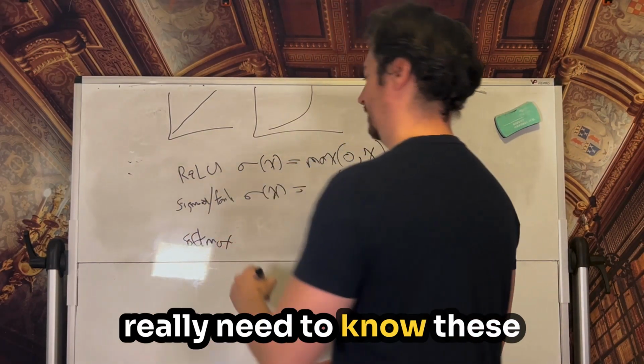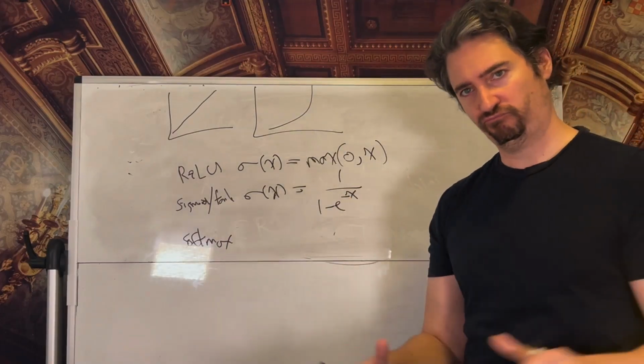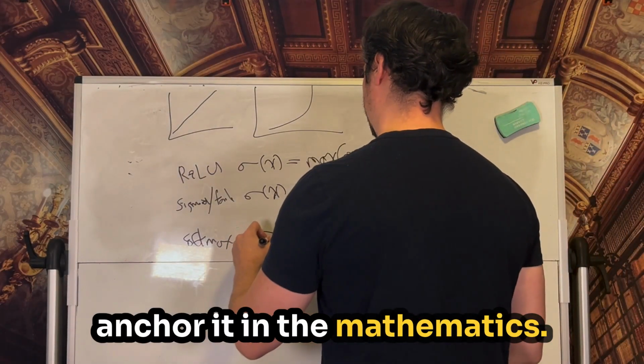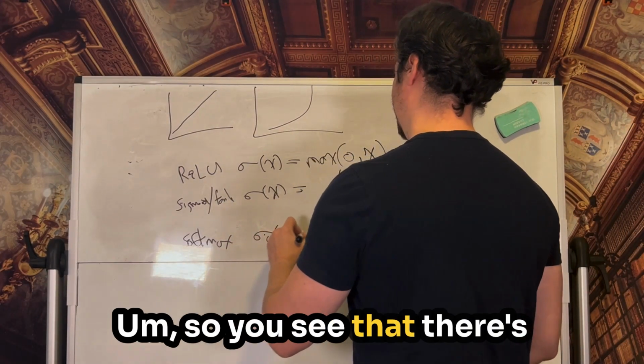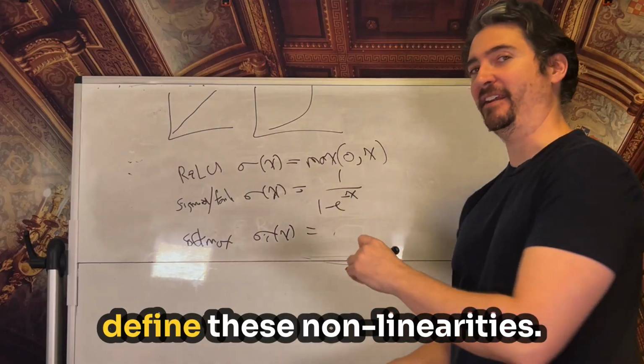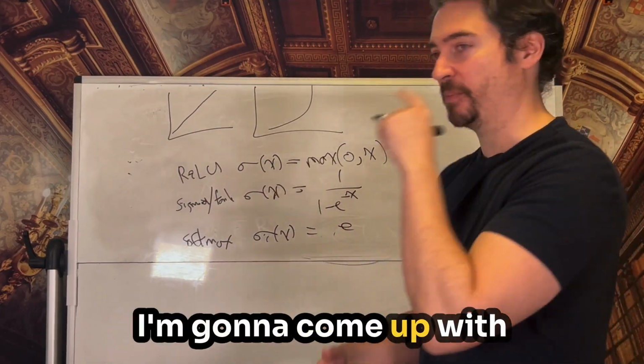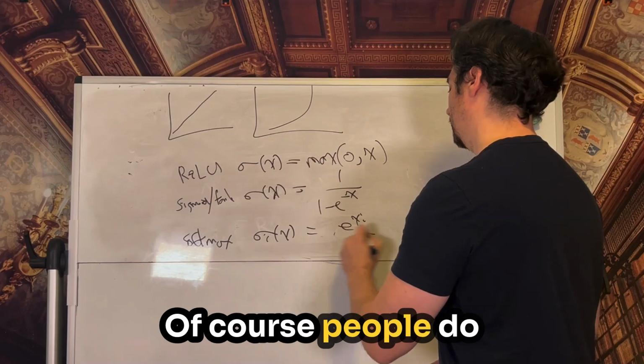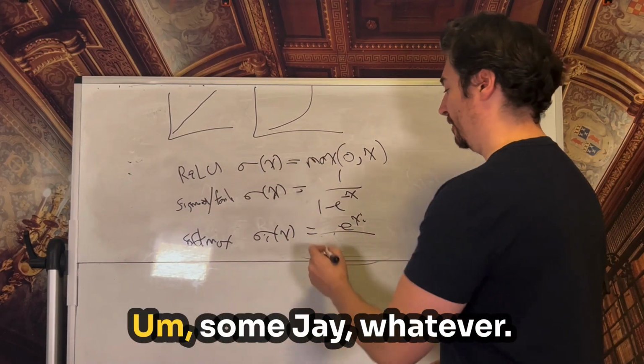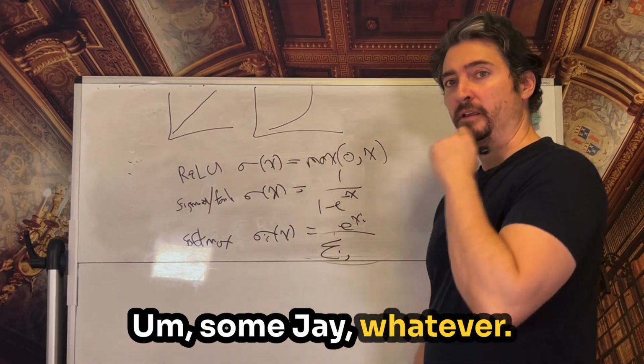You don't really need to know these right now, but I just want to anchor it in the mathematics, so you see that there's a mathematical way to define these nonlinearities. Something you might do at the researcher level is come up with different nonlinearities. Of course, people do this kind of thing.